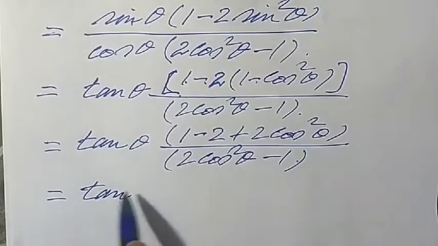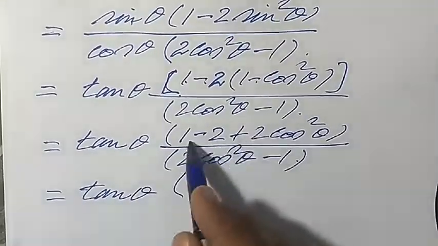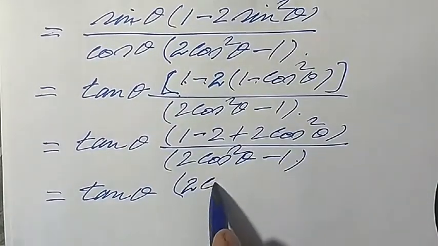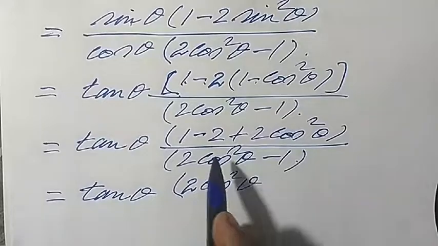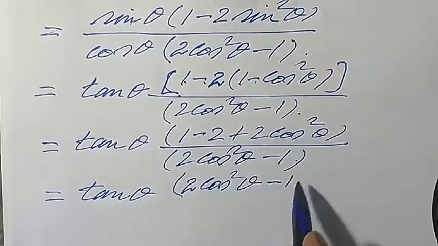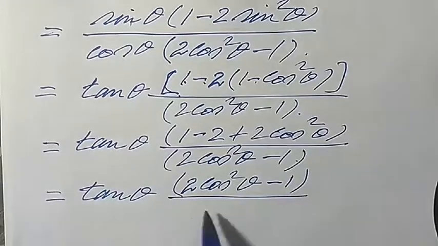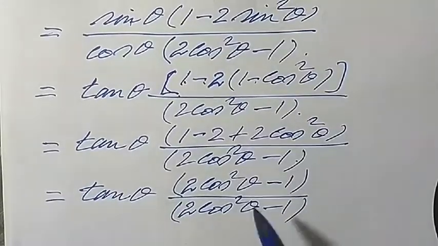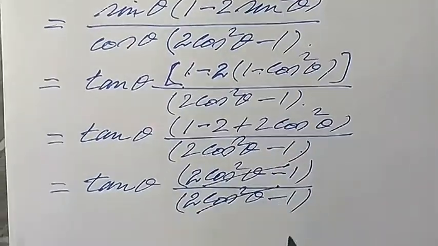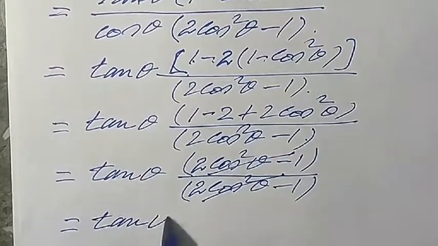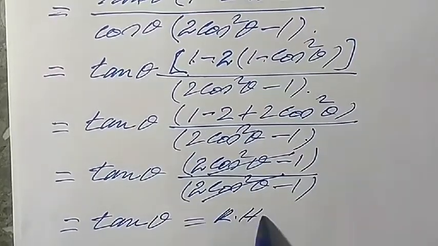So tan theta into, if we simplify this, 2 cos square theta is positive term, so we better write it first, 2 cos square theta, and 1 minus 2 is minus 1, so minus 1 upon, in denominator we have already 2 cos square theta minus 1. These two brackets are identical, so are cancelled with each other, and we are left with only tan theta, which is equal to right hand side.